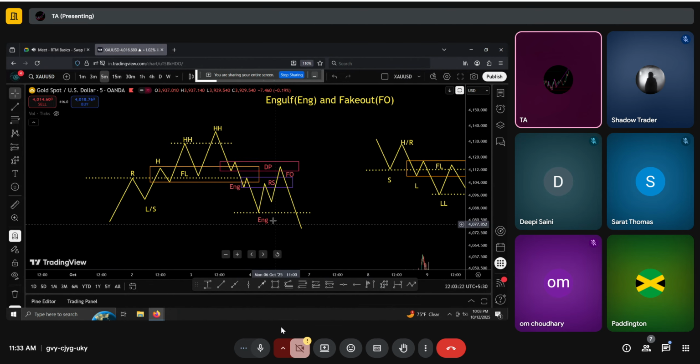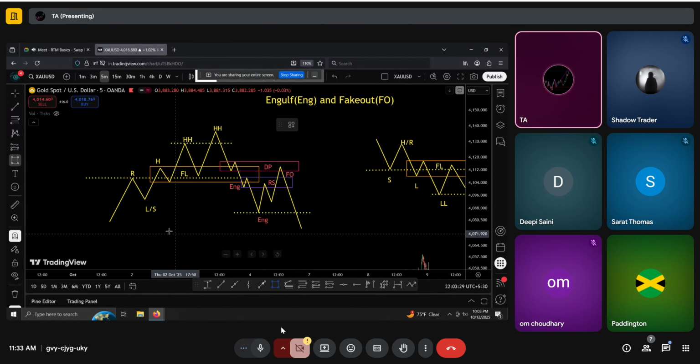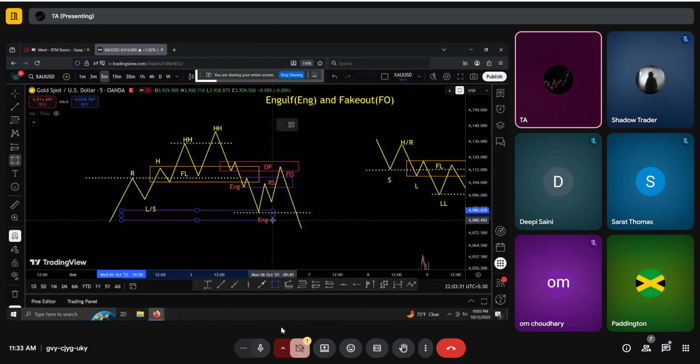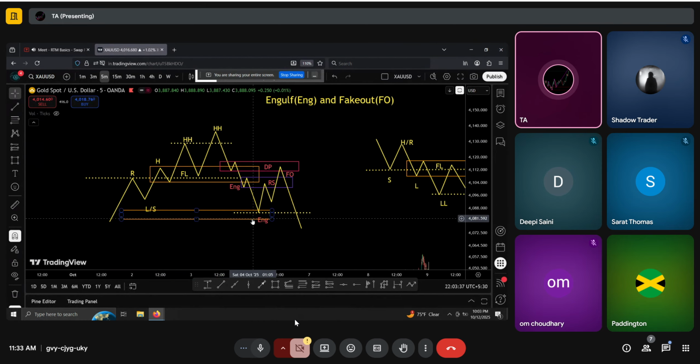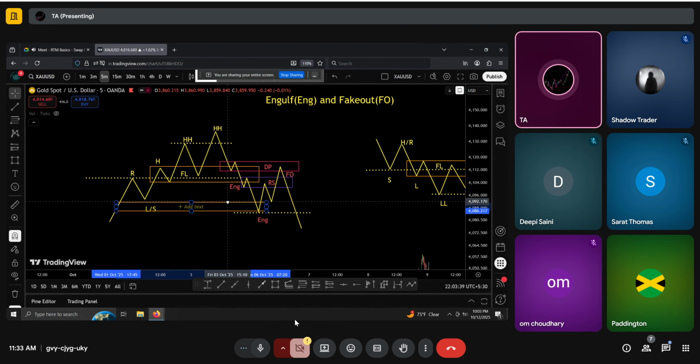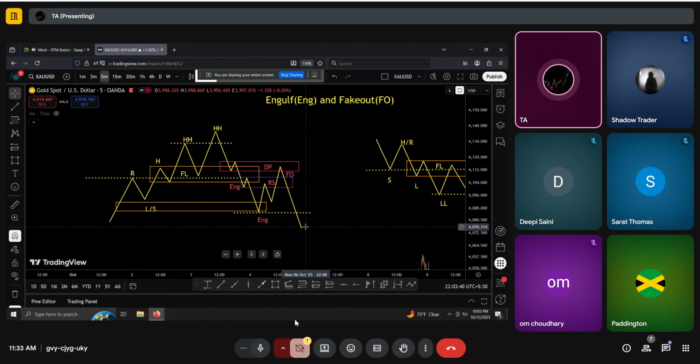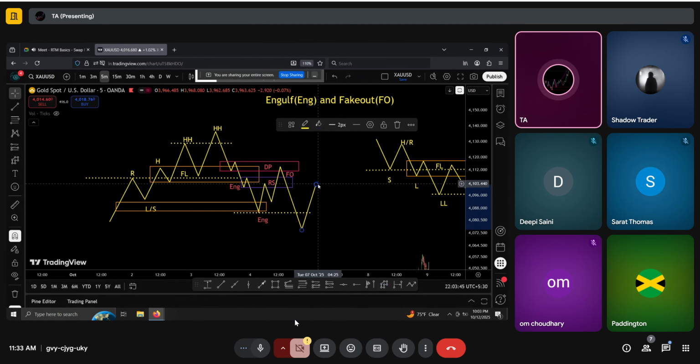What will happen? Again, this kind of structure we will have to find somewhere here. We will find the structure somewhere here again. And then again the price will go up, creates the fake out, and then fall again.